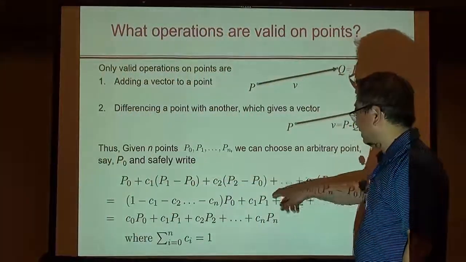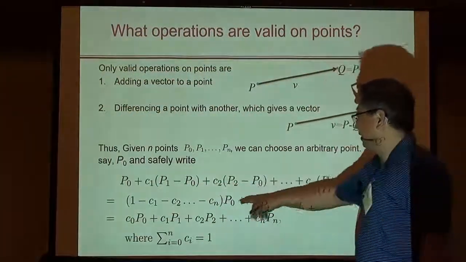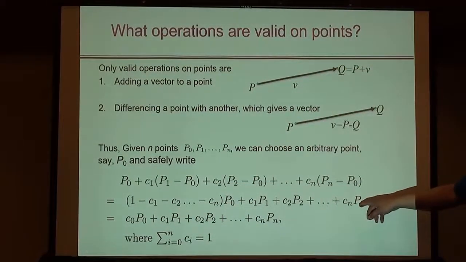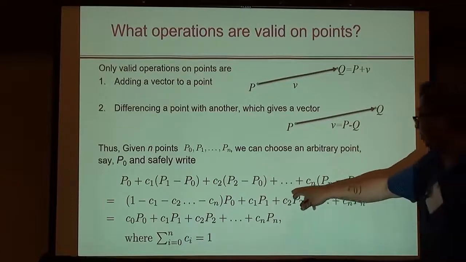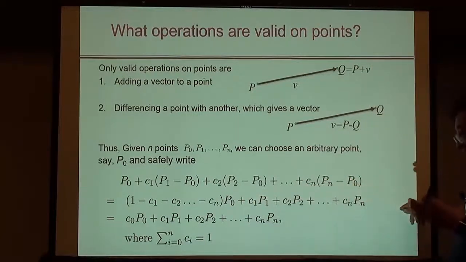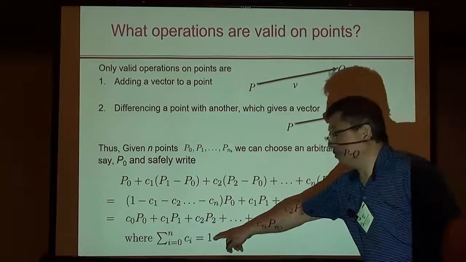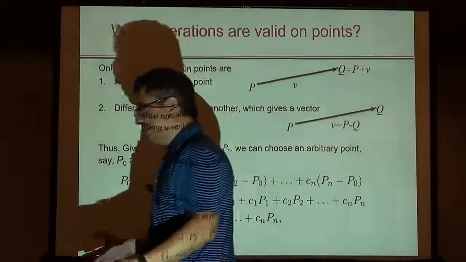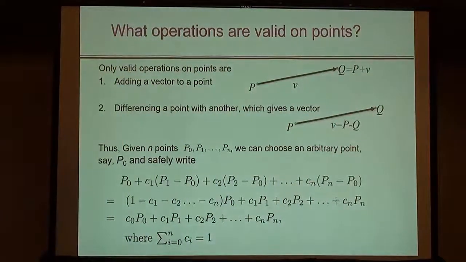So we collect the common term. So we have this one, then we have the rest. Now it's obvious that the summation of the coefficients of all these points is equal to 1, right? Because of the way we construct it. Okay, so what does that mean?